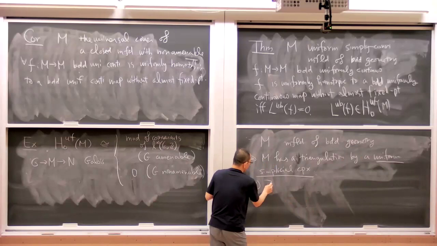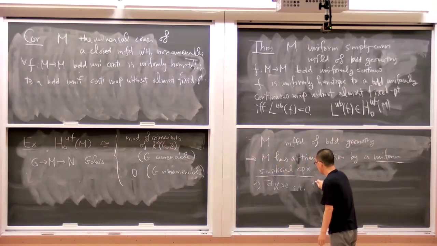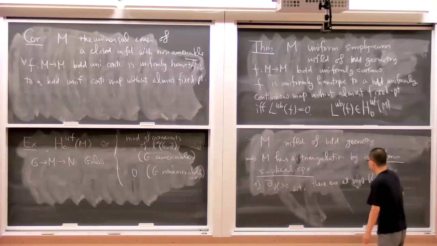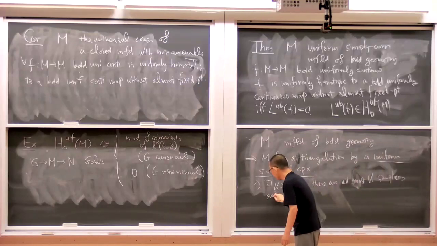There is K such that there are at most K simplices around each vertex.